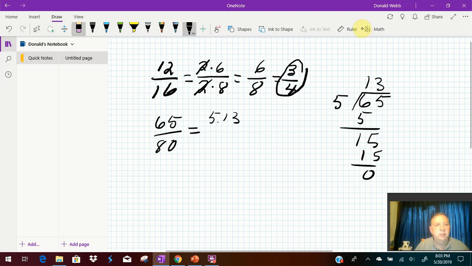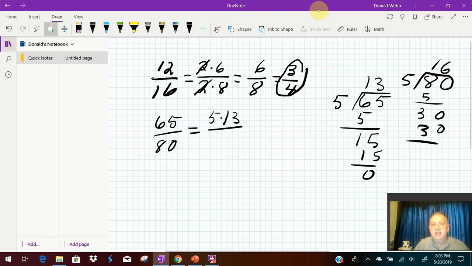Let me do my eraser. It needs to be erased out. And back to here. 5 times 13, divided by, and over here let's divide 80 by 5. 6 would do the 30.